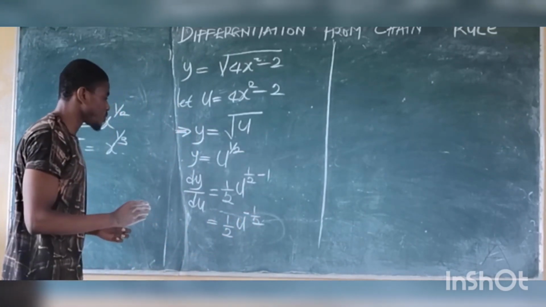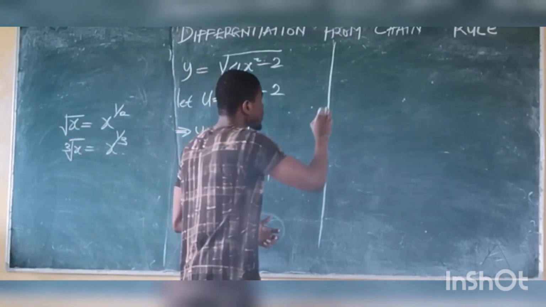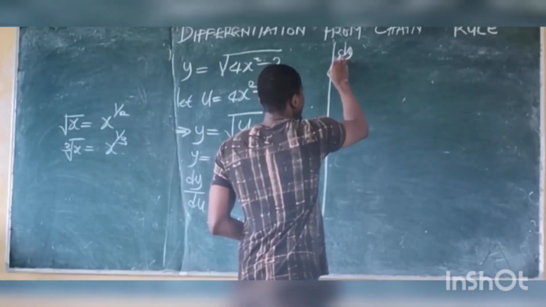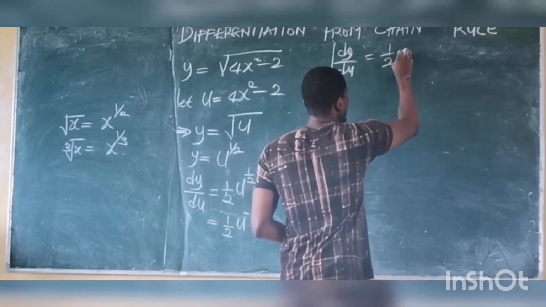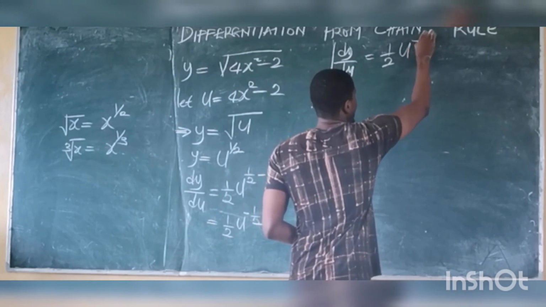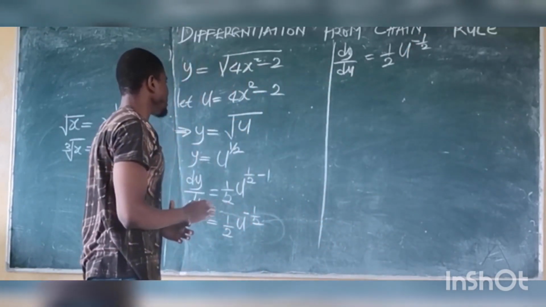So dy/du is equal to 1 over 2 times u to the power of minus 1 over 2.